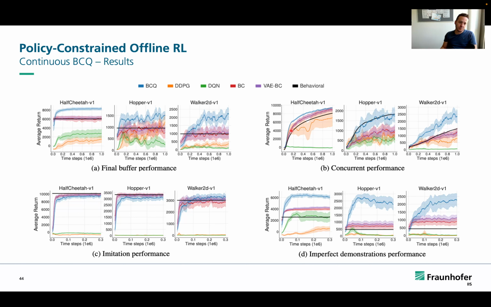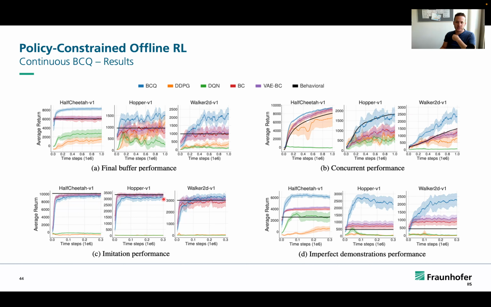And you see that using the data in the buffer, BCQ is already outperforming the behavioral policy DDPG. However, you see that in many examples, for instance in Hopper, they are really close to each other. In Walker, BCQ is outperforming again.